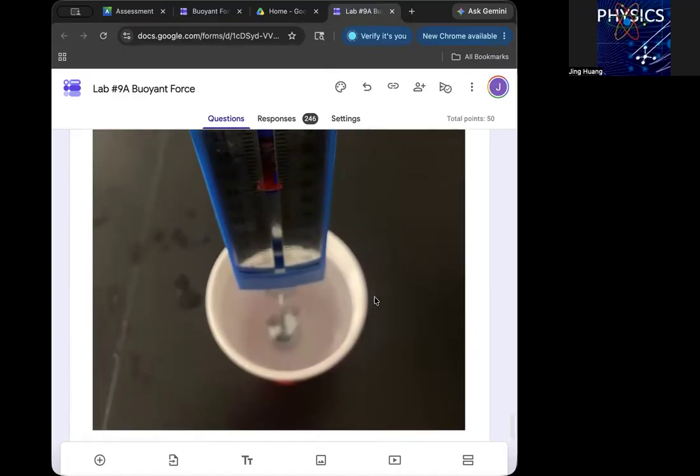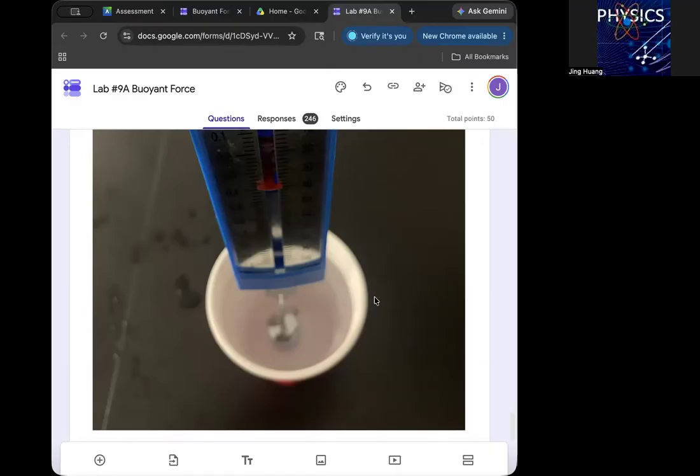I want to summarize. We use a 1.0 newton range and 0.02 accuracy spring scale to measure the tension force of an object, pulling it at the end. This object was put in two different patterns.